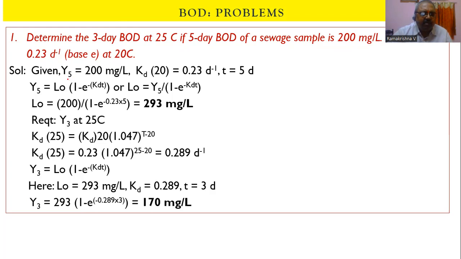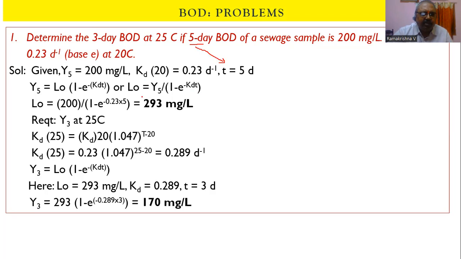So Y5, the notation for BOD at 5 days incubation time, is equal to 200 milligram per liter, and KD20, the deoxygenation rate constant at 20 centigrade, is 0.23 per day, and the incubation period is given as 5 days here. So that is incubation time T equal to 5 days.